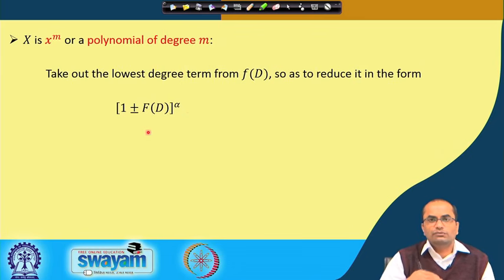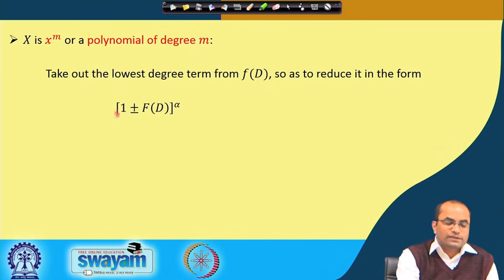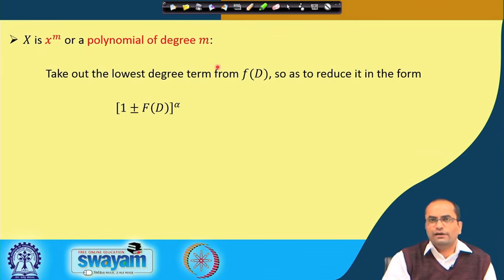We have f(D) in the denominator, and from there we will take the lowest degree term, so that we get something of the form 1 plus or minus f(D) power alpha, usually where alpha is 1 in most cases.